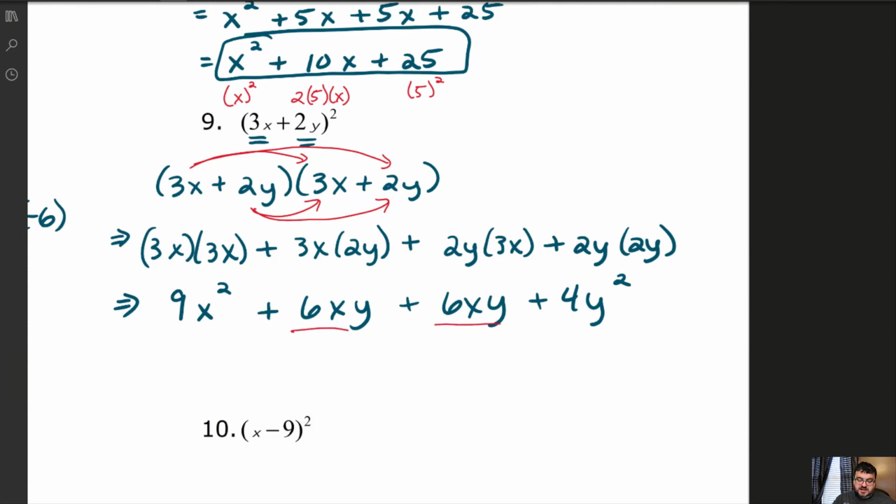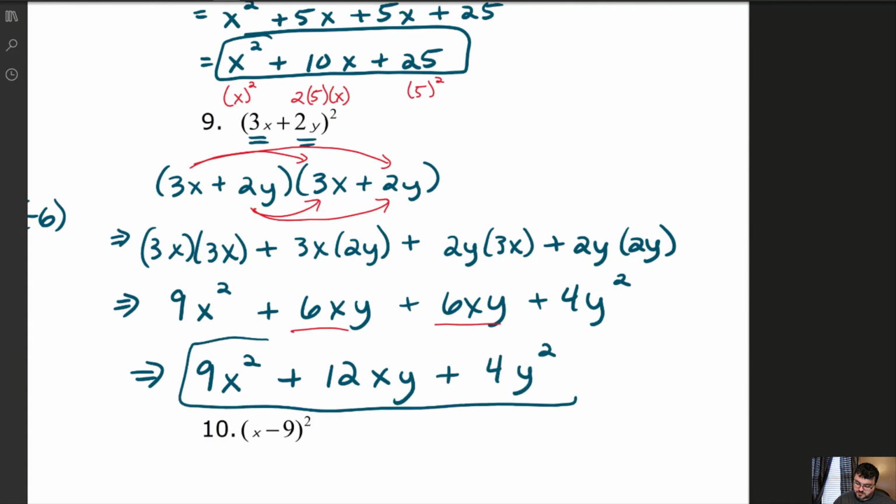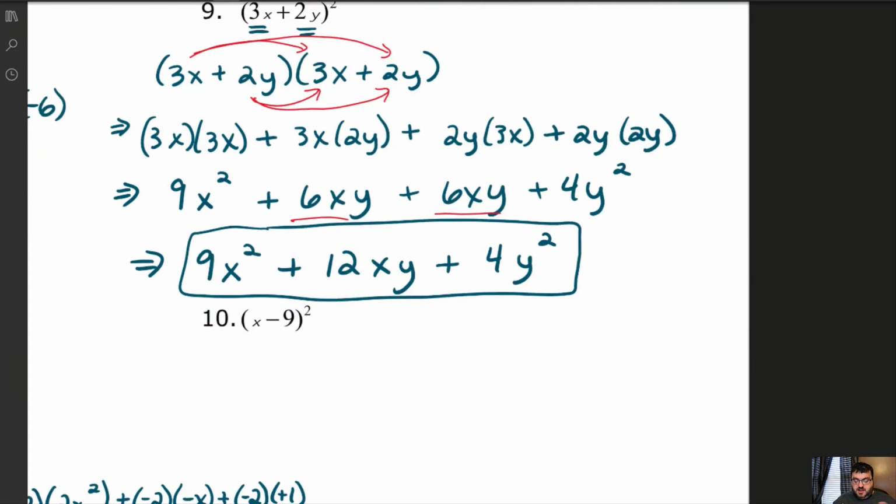These are both xy terms, so we can combine them so that we have plus 12xy. So we'll end up getting 9x squared plus 12yx, or xy, plus 4y squared right there.